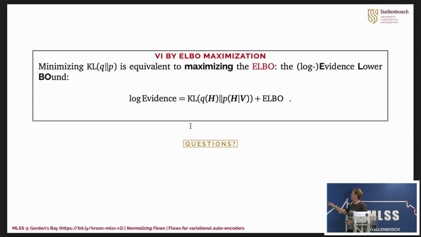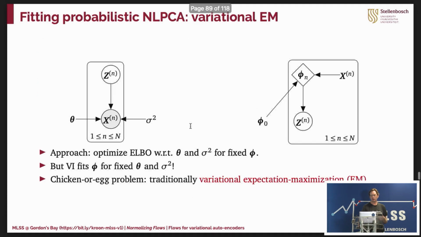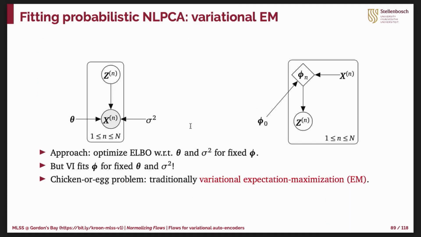We want to do our variational inference by maximizing the ELBO, and general variational inference tries to do this when you know what your generative model looks like. Okay. With a VAE, the interesting thing is that you are trying not just to do variational inference for a known model, but you are also trying to learn the model at the same time. Okay, and the traditional way of doing that before variational autoencoders was something called variational EM, variational expectation maximization, where you, roughly speaking, alternated optimizing the generative model and performing inference.